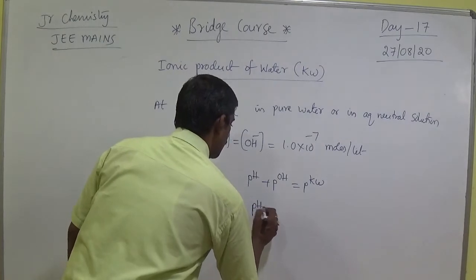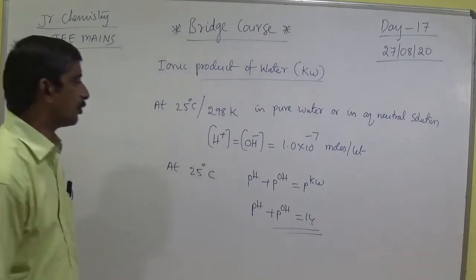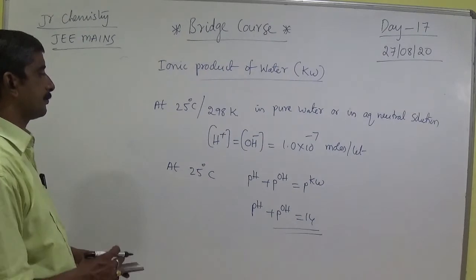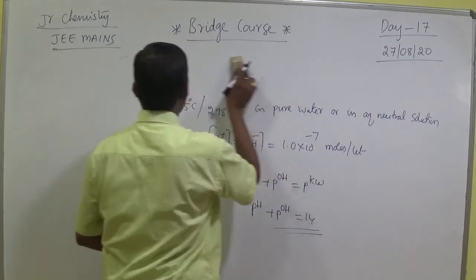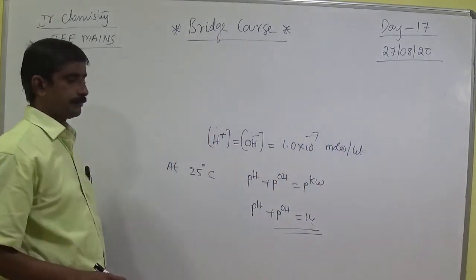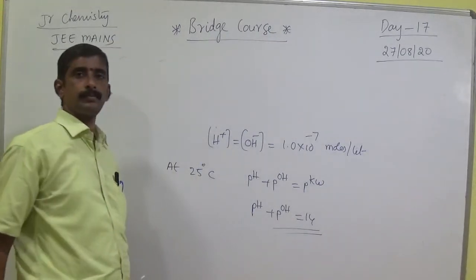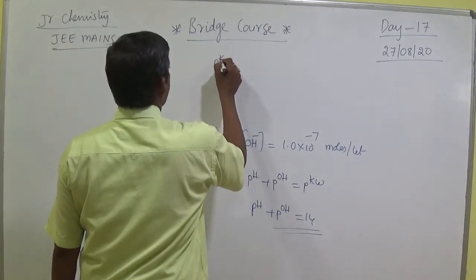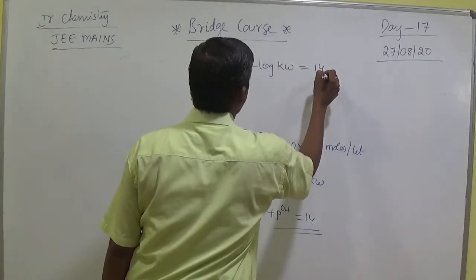Simply pH plus pOH equals 14. pKw generally equals minus log Kw, that means 14.